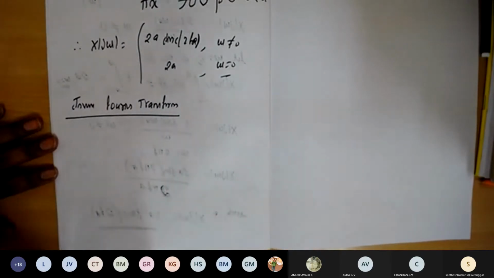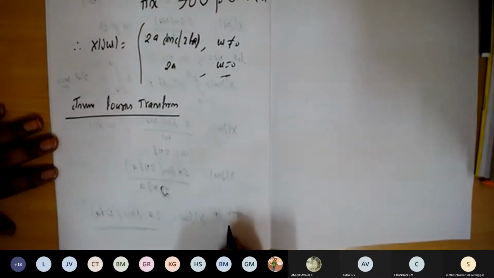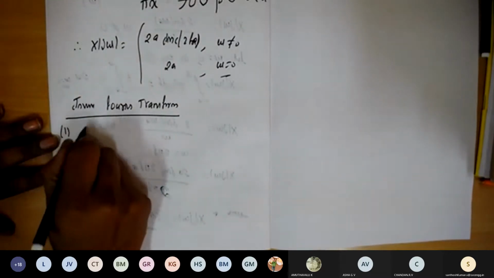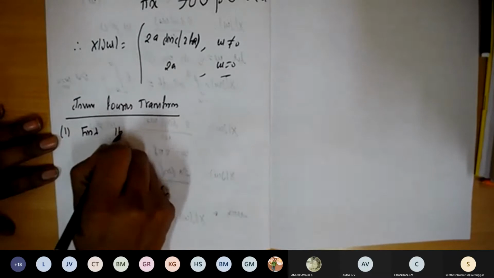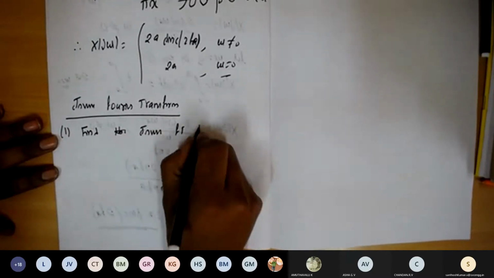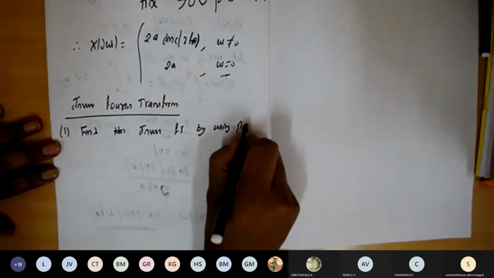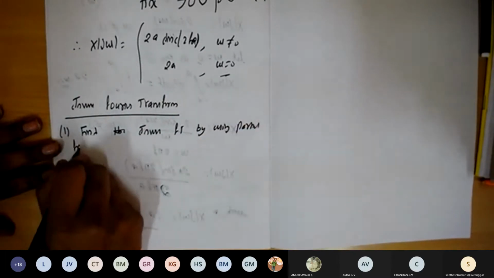We already did this in the case of the DTFT, so now we are going to repeat the same thing for the Fourier transform. Find the inverse Fourier transform by using partial fraction expansion.